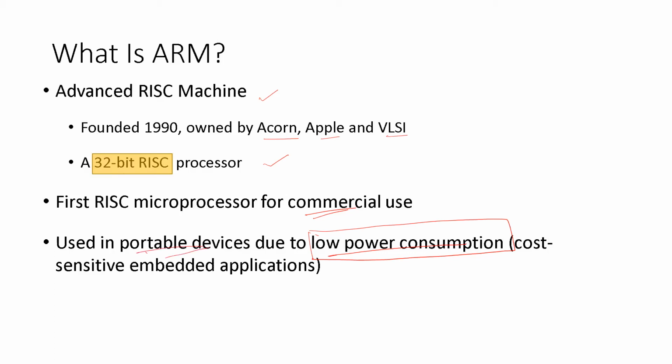That's why commercially it is very successful. Because of the low power and portable benefits, ARM processors are now very much used for commercial purposes.